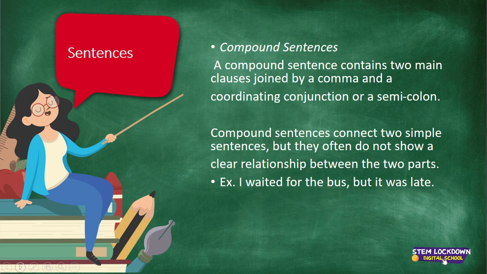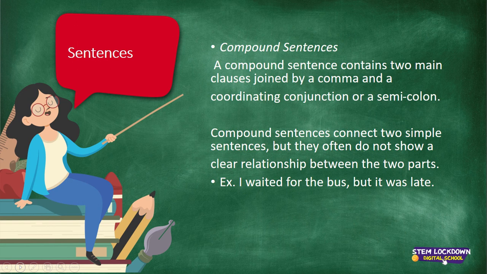Right, now we're looking at compound sentences. A compound sentence contains two main clauses joined by a comma and a coordinating conjunction or a semicolon. What you also need to know about compound sentences is they connect two simple sentences, but they often do not show a clear relationship between the two parts. Okay, so here is our comma in this example. I waited for the bus, but it was late. So let's look at the first part before the comma.